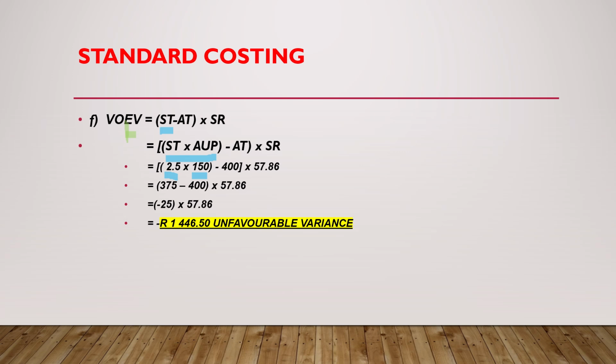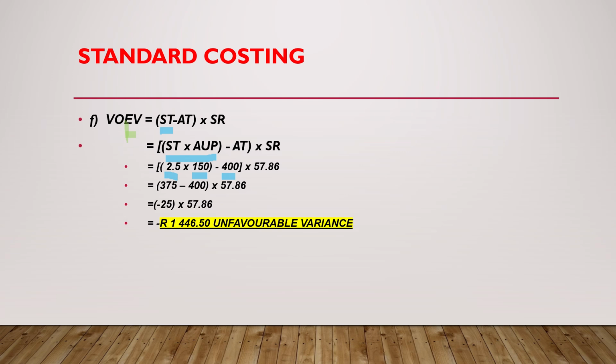So our actual time is 400 hours. And then multiplied by standard rate. Remember, standard rate has its own formula. We calculated it in the previous example, and we discovered it is 57 Rand 86 cents.